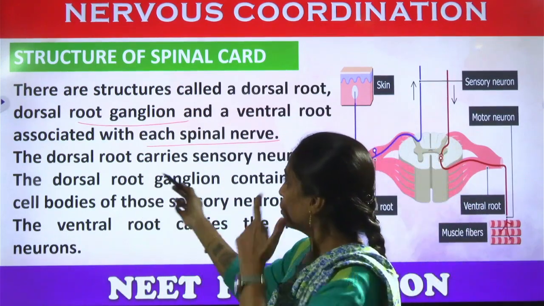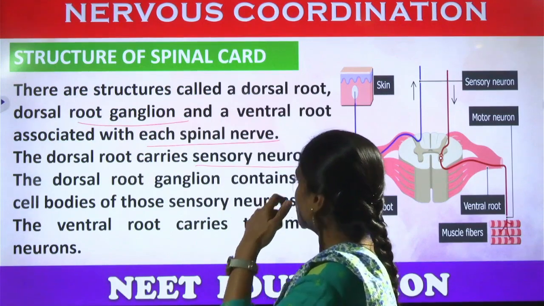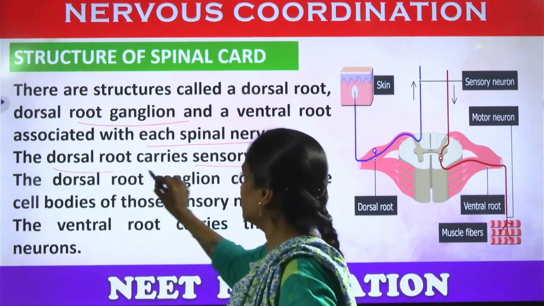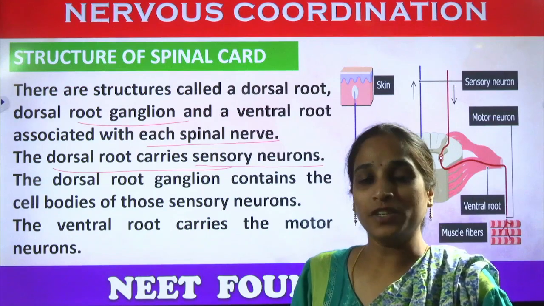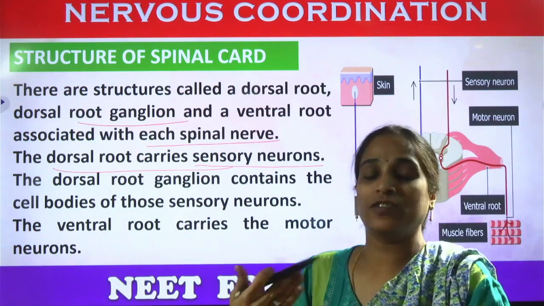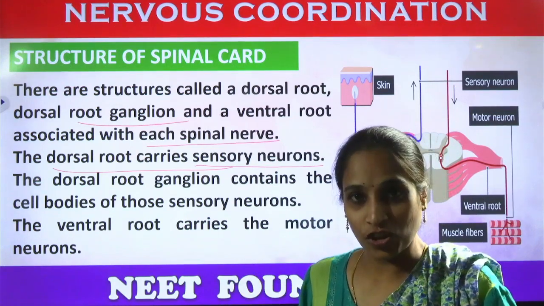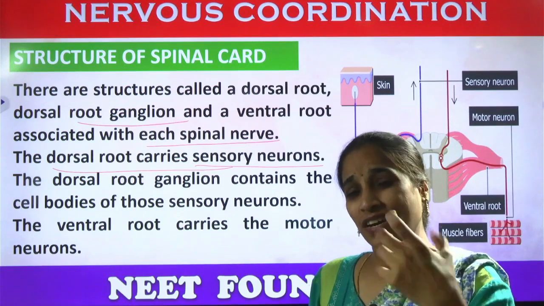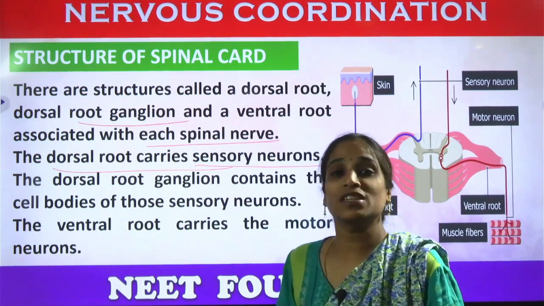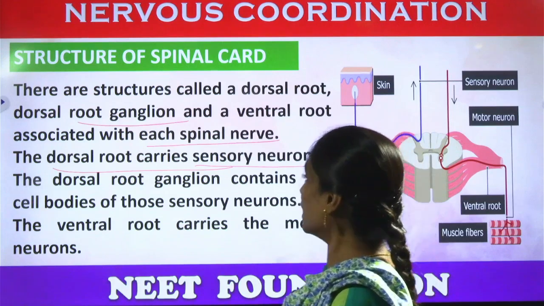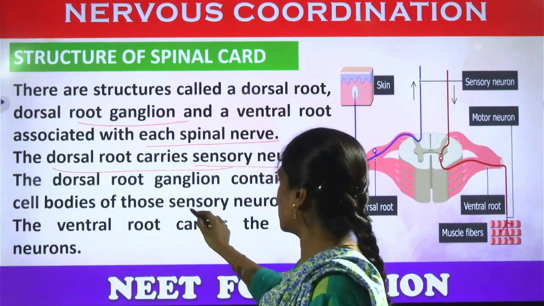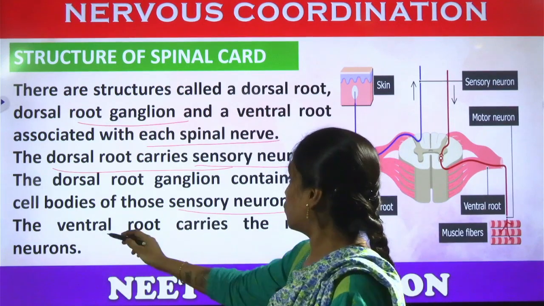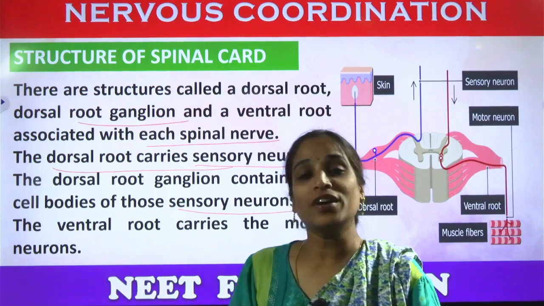The dorsal root, meaning the back part, carries the sensory neurons. These receive messages from the sense organs, and contain the cell bodies of the sensory neurons, and the ventral root carries the motor neurons.